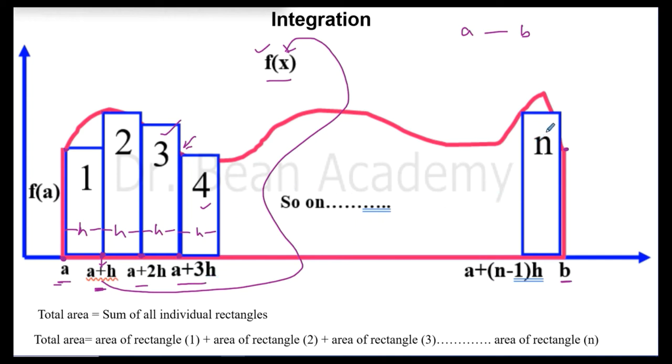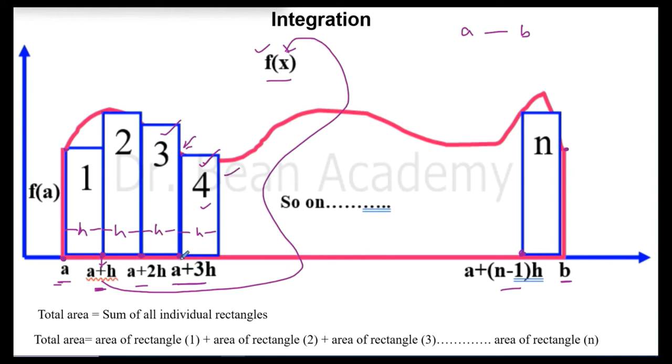And this is the nth rectangle. So the left point will be a plus n minus 1 times h. You know that, for example, here this is the fourth rectangle, but its left length is located at a plus 3h. It's always less than the number of the rectangle. The number of the rectangle is 4, but this point is located there because I am taking the left vertical lines of the rectangle, not the right ones.